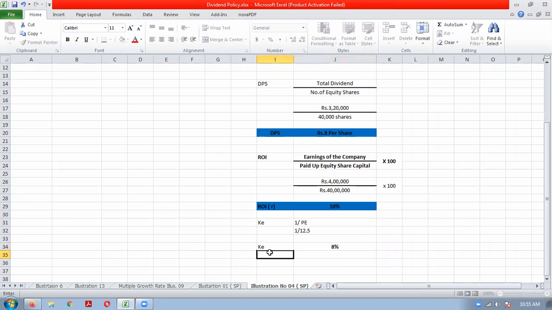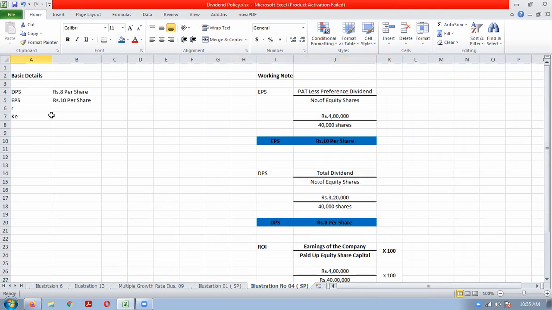So this also we have calculated, KE is 8 percentage. Now all the data we are having: R is 10 percentage, K is 8 percentage.